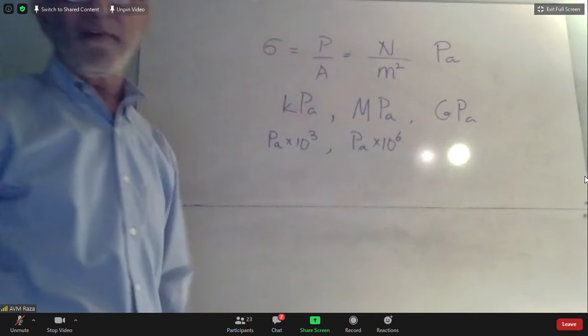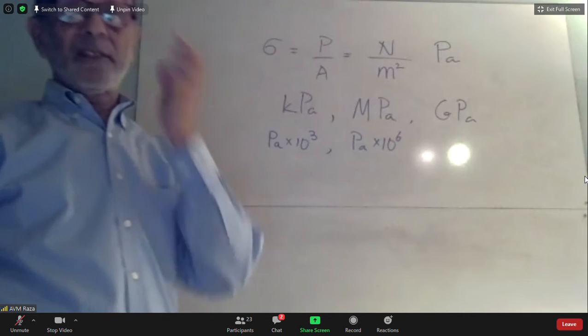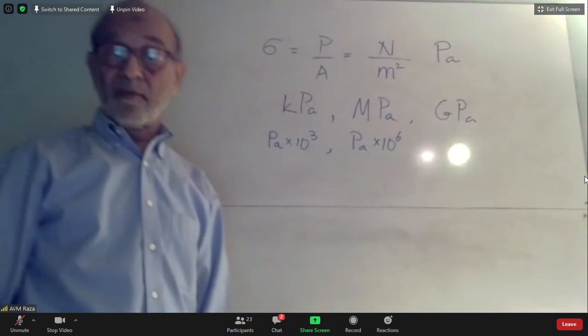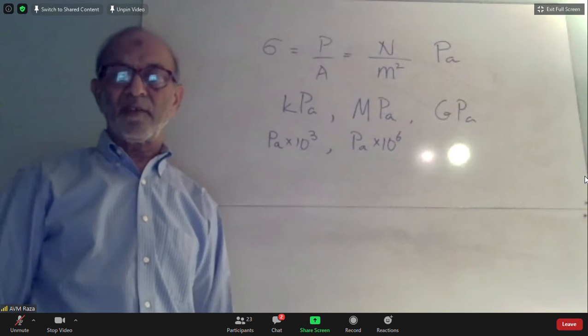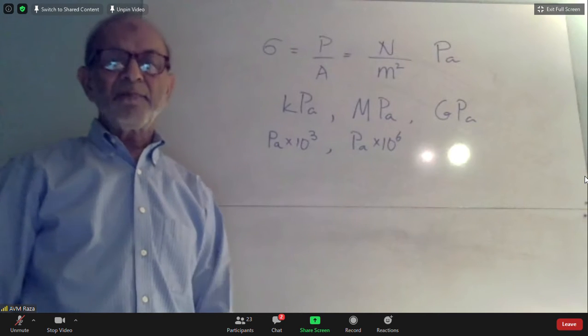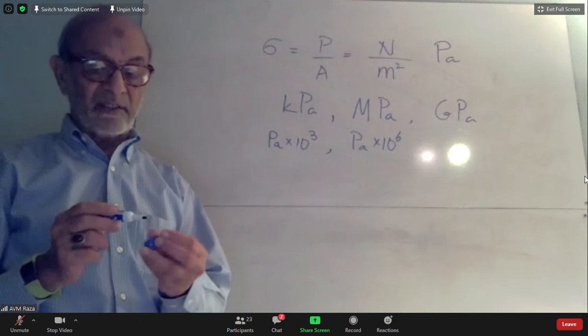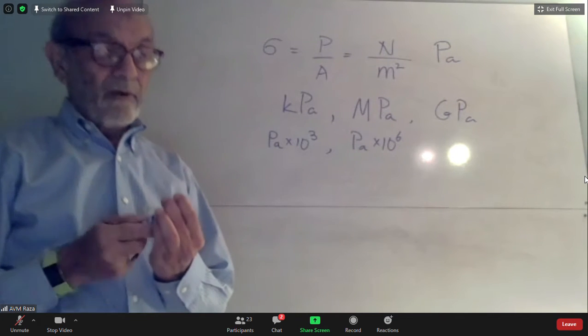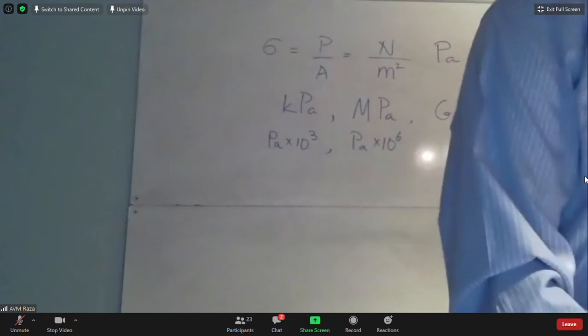So you might find these units many times in problems, where the stress on a certain member is so many gigapascals. Because pascal is a very small unit, you will usually find the stress measured in at least megapascals. It could also be kilo or gigapascals.